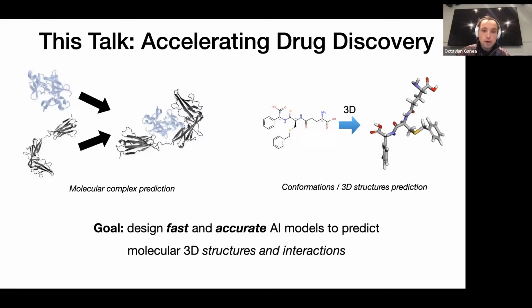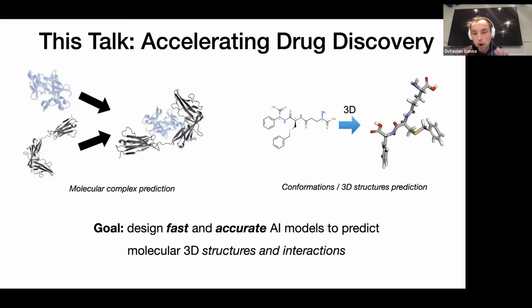The goal here is to design fast and accurate AI models that predict complexes of molecules and also 3D structures of molecules. I'm going to focus on the problem where we have as input two molecules, maybe two proteins, or maybe a protein and a drug-like molecule, and we want to predict how they attach to each other. So we want to predict the 3D structure of the complex.